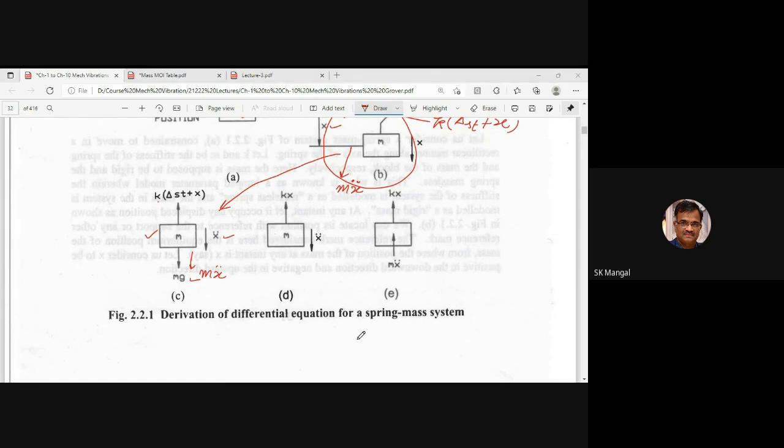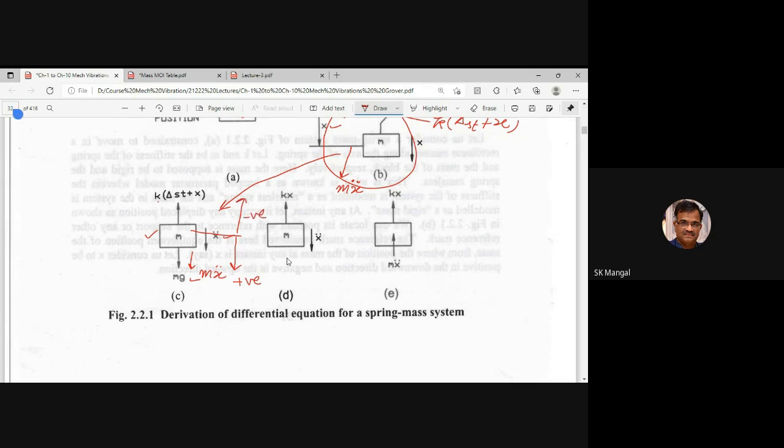Now to write this equation, as I have already mentioned, the accelerating force is equal to the restoring force, you have to decide a sign convention. So if I consider vertically downward as positive, then upward will become negative.